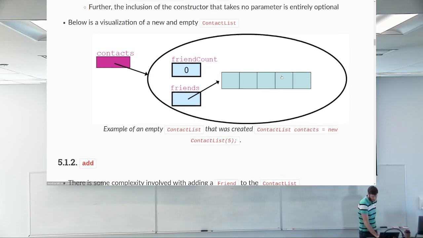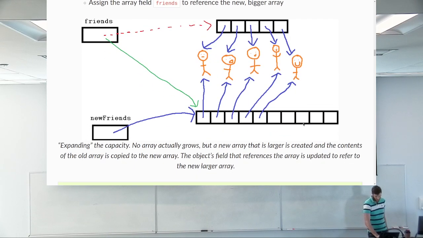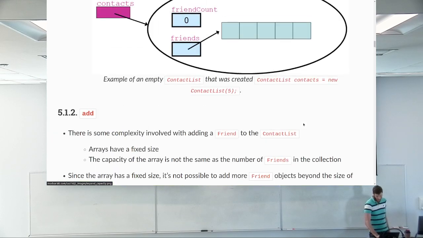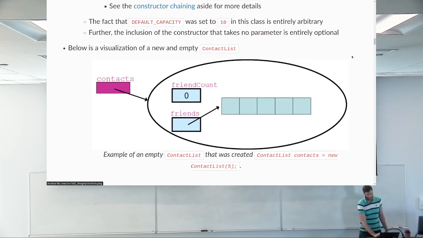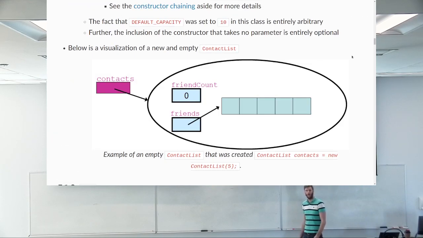Let me scroll down here. For example, consider this general idea of what we want this class to look like. I want to have a contact list object that has some container to hold on to the several friend objects. Then we're going to use an array, and that is represented as an array of 1, 2, 3, 4, 5 empty spots.